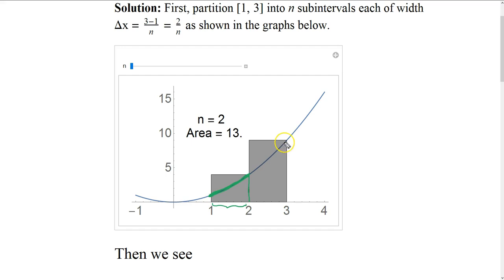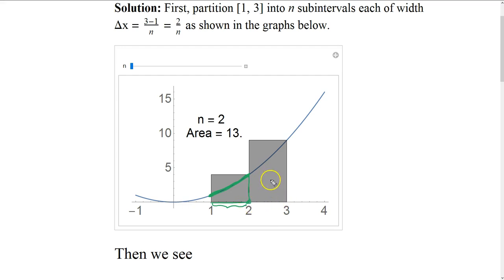Notice since this function is increasing, it has its maximum value at the right-hand endpoint of our first subinterval. So that's why this is called the right rectangular approximation method. And it also, because our function is increasing, just so happens to be our upper approximating sum, because that's where our function has its maximum at the right-hand endpoint of the subinterval.